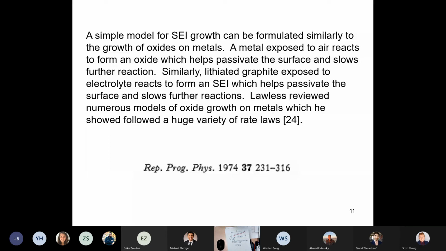Hey Jeff, are we going to talk about the passivation on the cathode? I don't know if it's called SEI as well. Yeah, a lot of people call it the CEI, the cathode electrolyte interface. It's a lot more nebulous, a lot less understood. I'm not going to talk about it in this class just because there's not a lot known about it really. Got it.